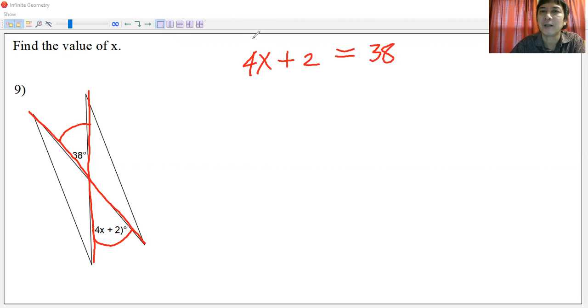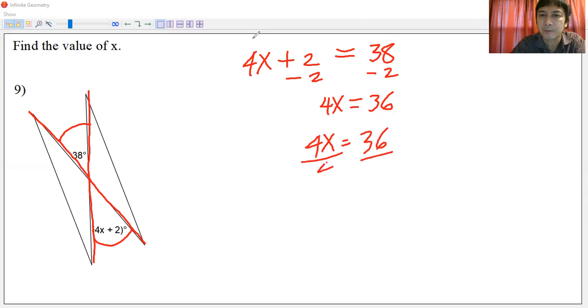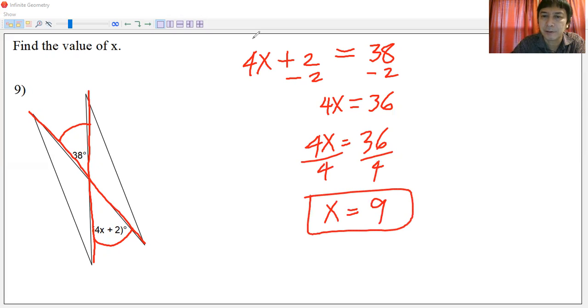You only need to get the x here. And we will just solve for x. This is 36 equals 4x, and x must be equal to 36 divided by 4. Okay, so that will be 36 divided by 4, like that. And so x is equal to 9.